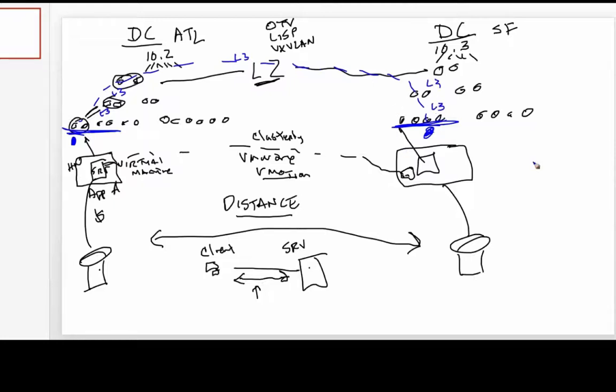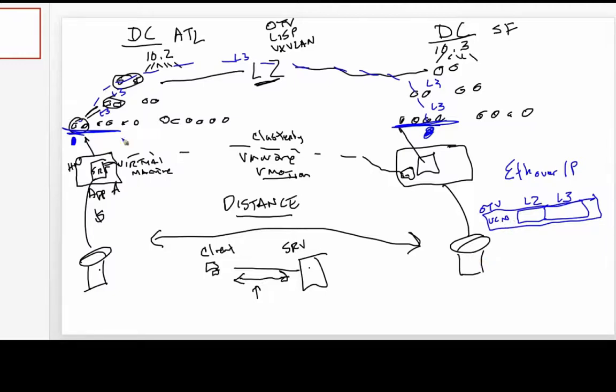So it's literally like I am doing Ethernet over IP. So I'm taking that normal layer 3 header, my normal layer 2 header, and then I'm putting an overlay on that for things like OTV and LISP. And I'm putting a VLAN identifier in here.